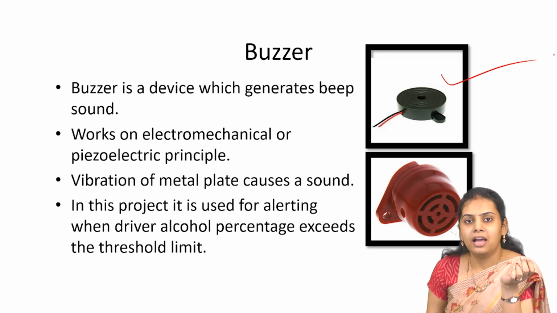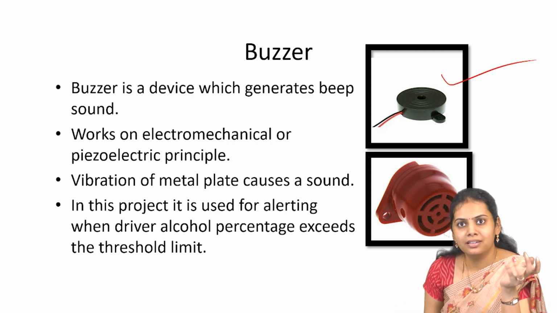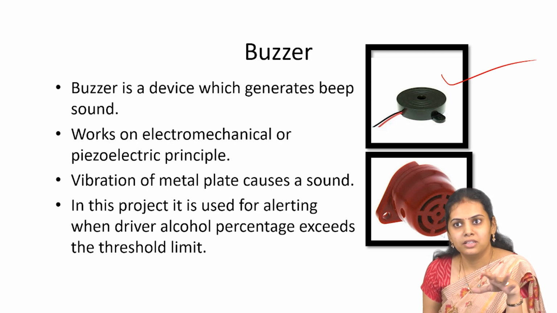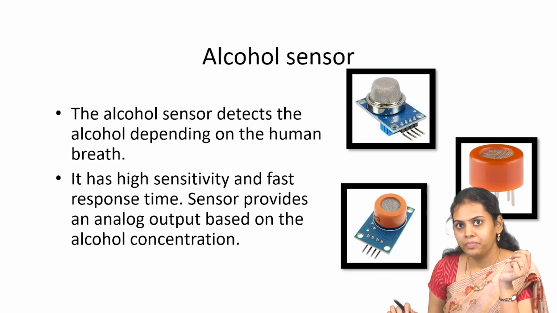The buzzer, as we are all familiar, gives a beep sound, and based on this it will alert. Okay, as the buzzer is sounding, I am drunken. Even the driving person is not worried about why this car or this bike is not able to start.